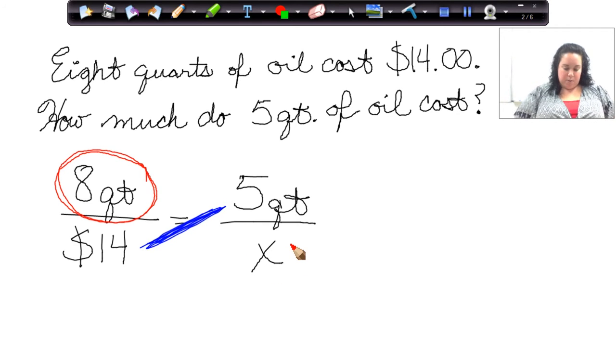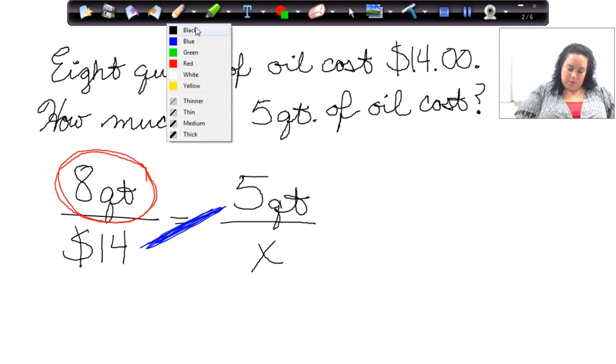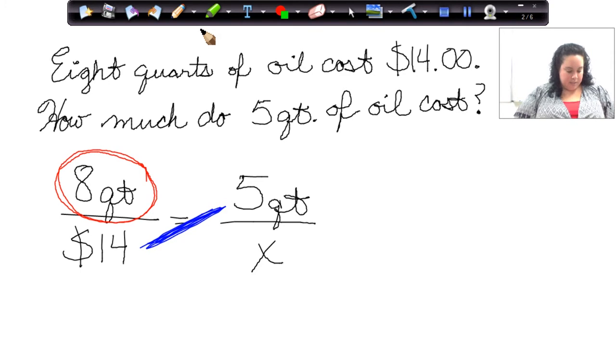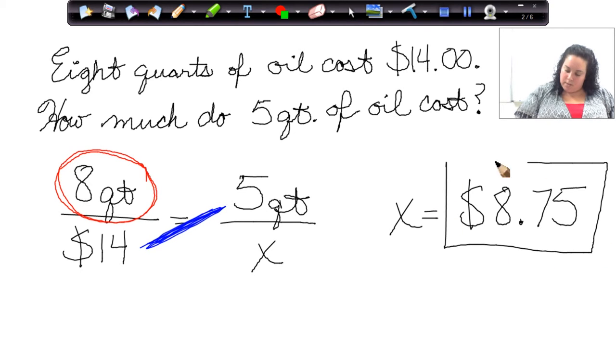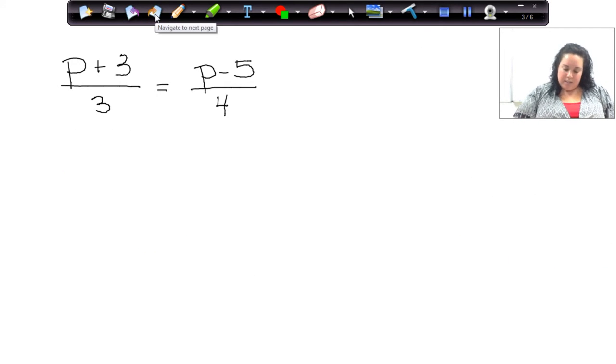So we'll do 14 times 5, and that's 70, divided by 8 is $8.75 for 5 quarts.